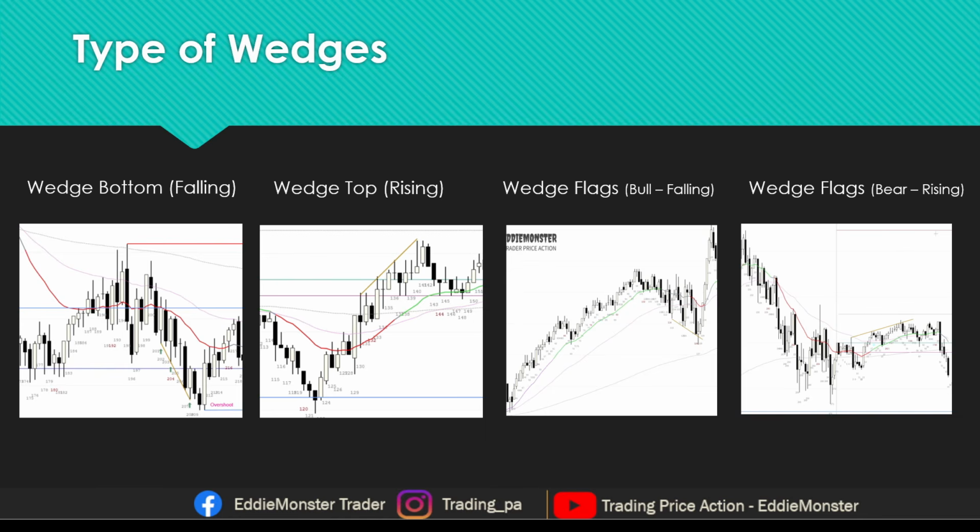Basically, that's it. Those are the types of wedge. So we have wedge bottom, wedge top, wedge flags, basically bull flags and bear flags. We also have the parabolic wedge, but this is kind of a wedge top or wedge bottom, right?